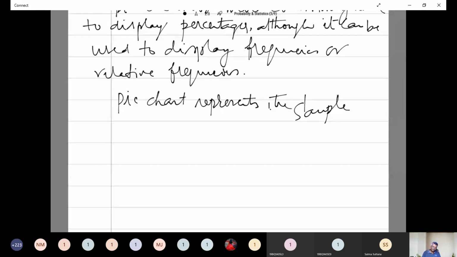That means that is the importance of the pie chart.